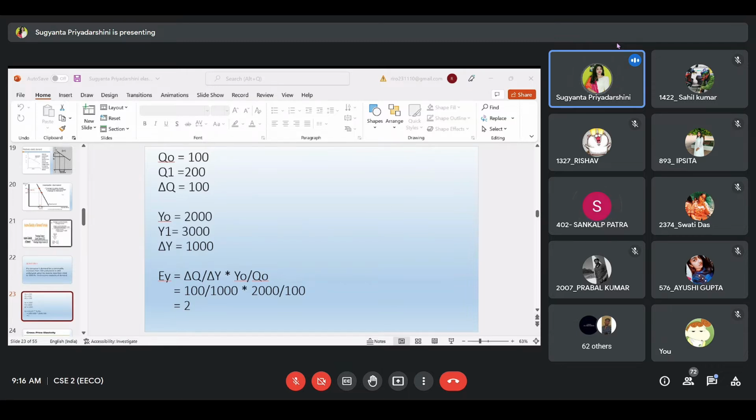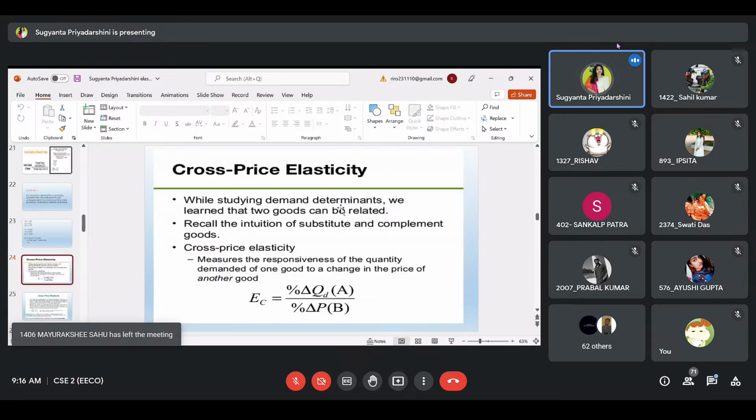Yes, ma'am. Okay, perfect. So coming to the next method, that is cross price elasticity. What happens in case of cross price elasticity? Due to the change in price of one commodity, your quantity demanded for another commodity will change. For example, if the price of coffee is changing, then the demand for tea will change.